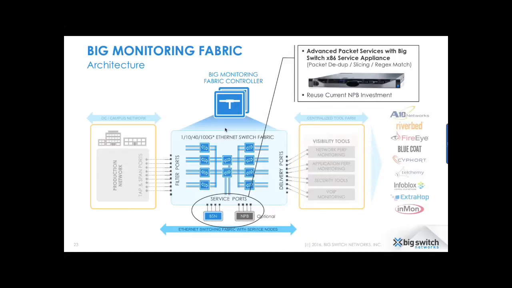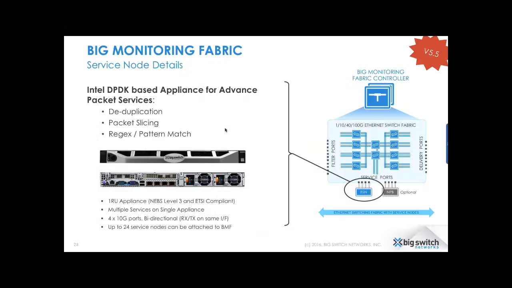And for those, in our latest release 5.5, we are introducing an Intel DPDK-based appliance for initially 3 different services: packet deduplication, packet slicing, as well as RegEx or pattern matching.